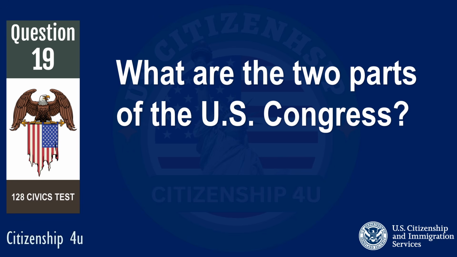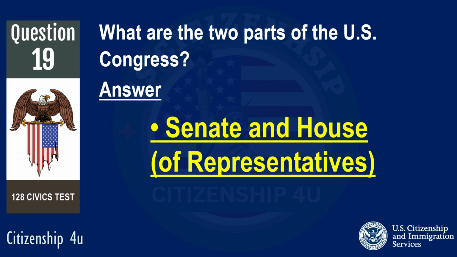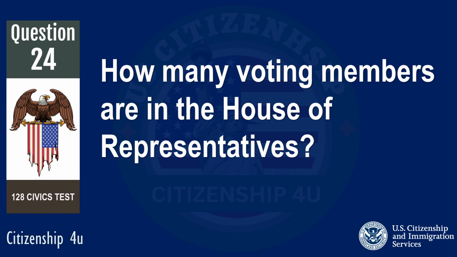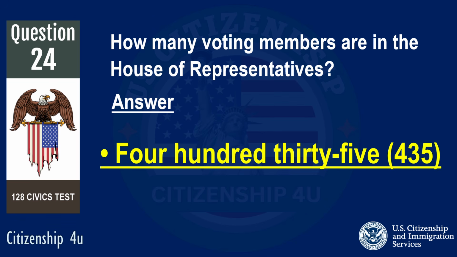What are the 2 parts of the U.S. Congress? Senate and House of Representatives. How many voting members are in the House of Representatives? 435.